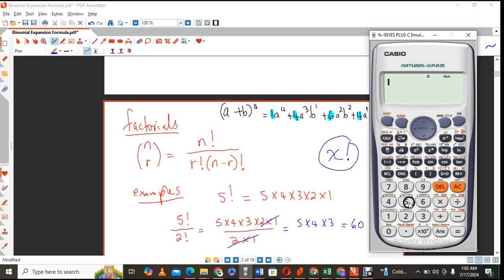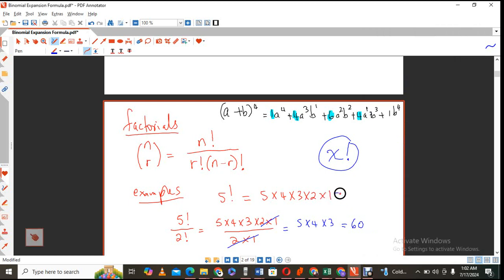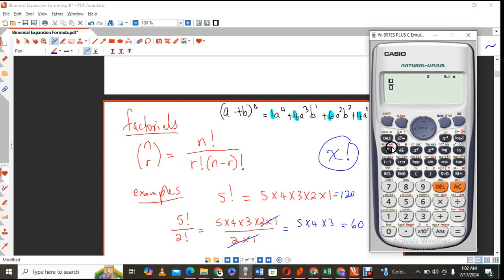If I was to say 5, and I shift to activate that one, 5 factorial, it will give me 120. And surely you'll get 120 if you were to multiply that out. So let's go back and see, if I say 5 factorial divided by 2 factorial, the one that I did over there.